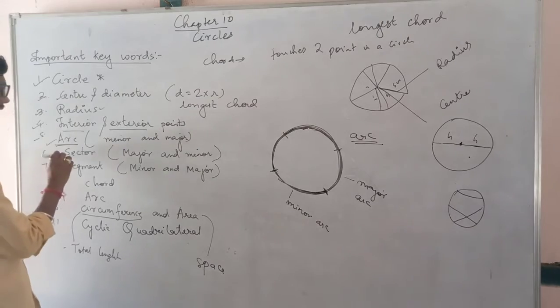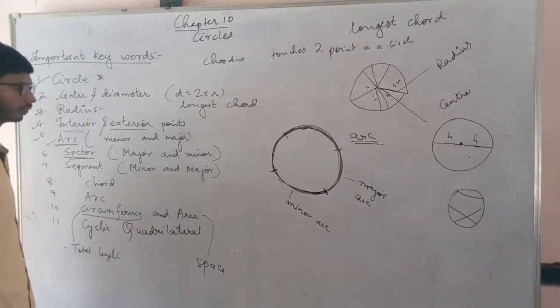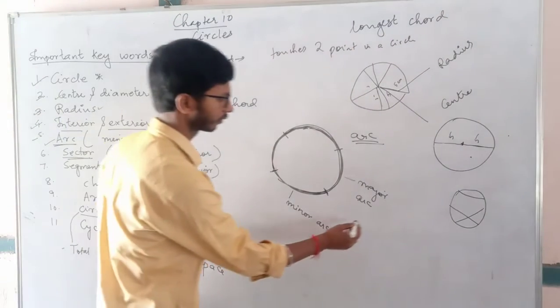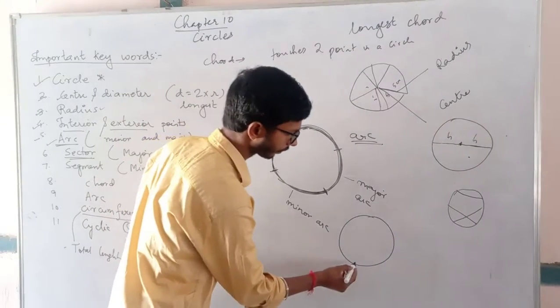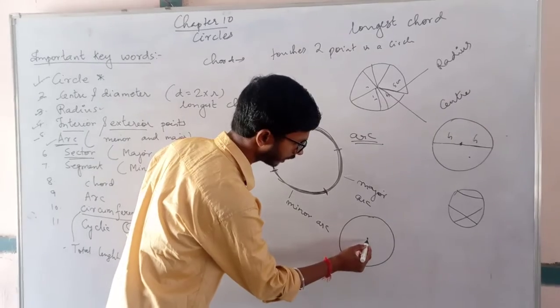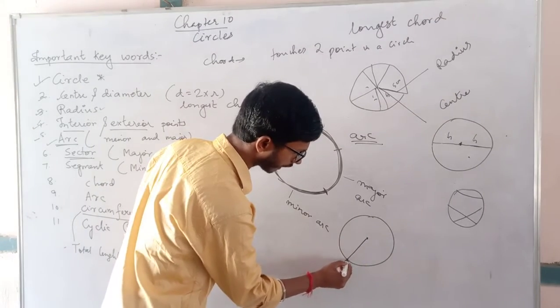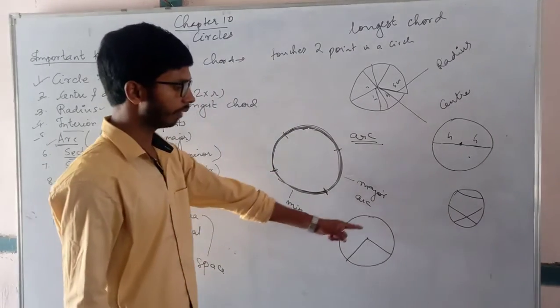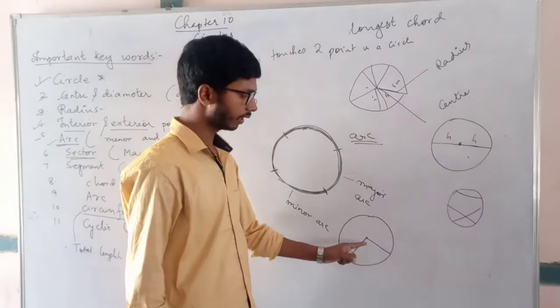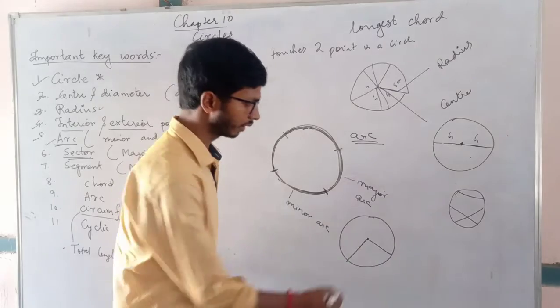Okay. Next comes the sector. If this is a circle, from the circle, if I draw two radii like this, got it clear? I have drawn one circle and two radii.